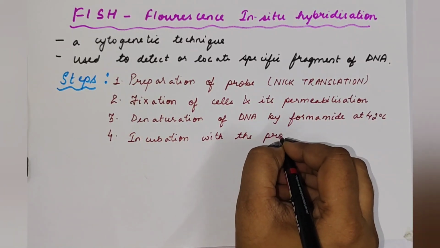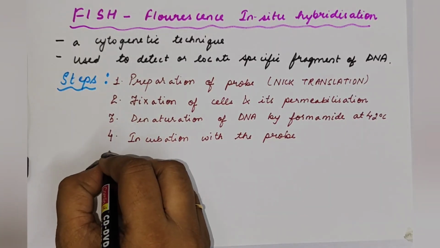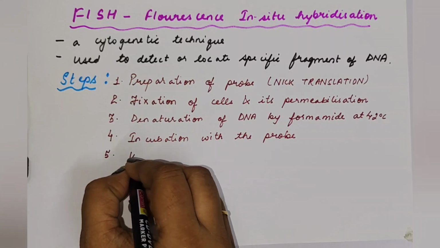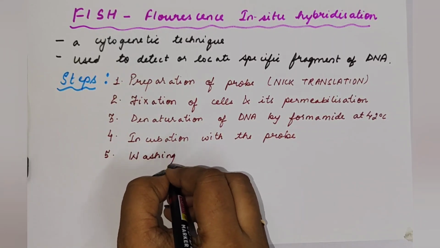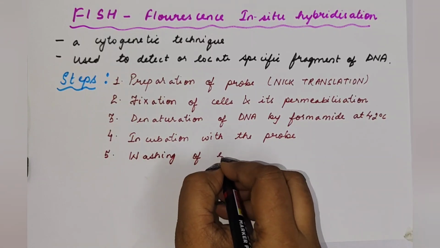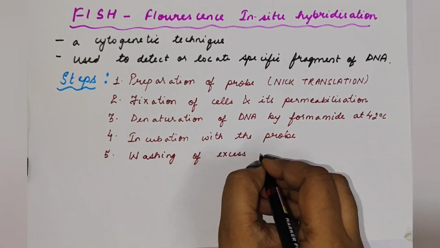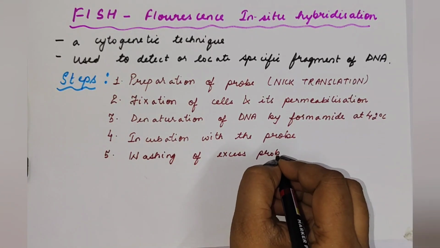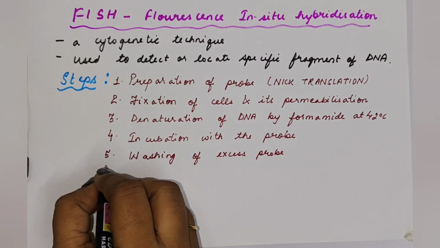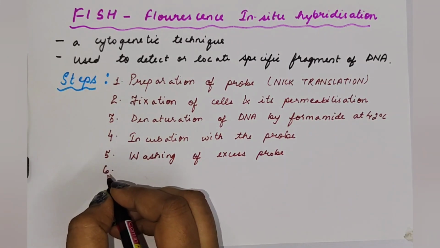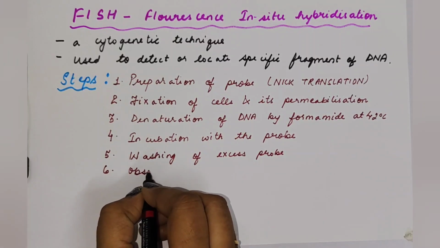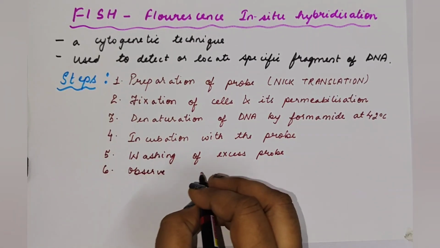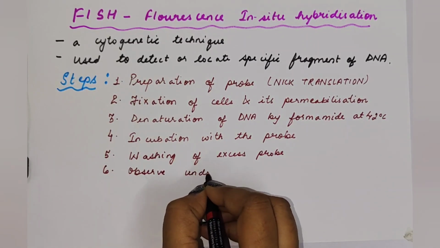Then after the DNA is denatured, the probes are incubated with the cells, and during this incubation the probe may bind to the specific complementary location in the cell. If the probe has its complementary location inside the cell, it will bind. Otherwise, after incubation, when we wash off the excess probe, the unbound probes will get washed off.